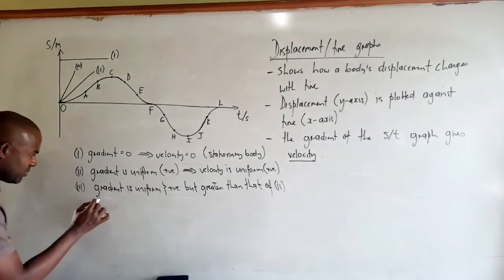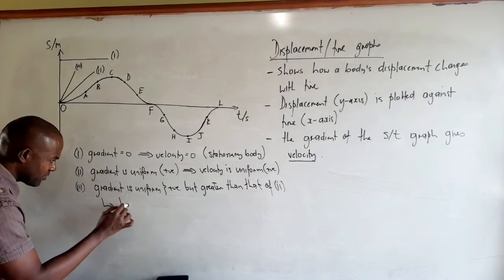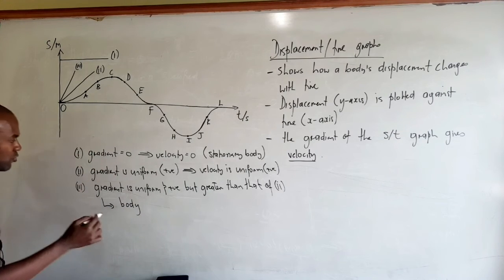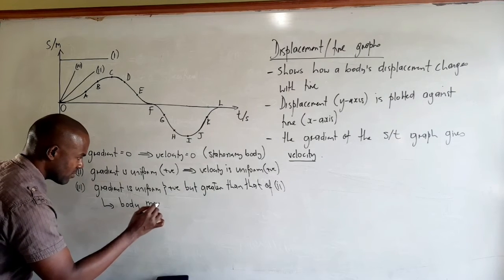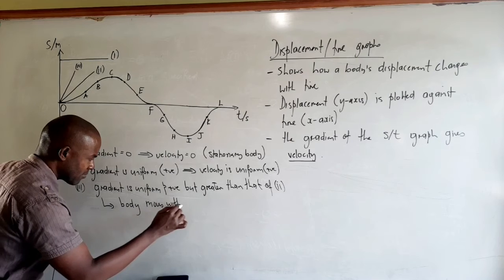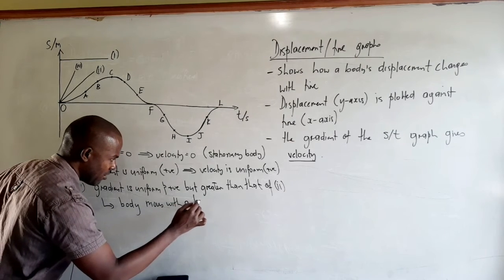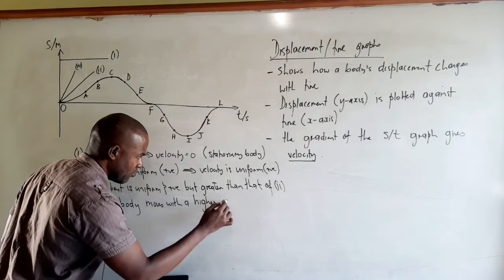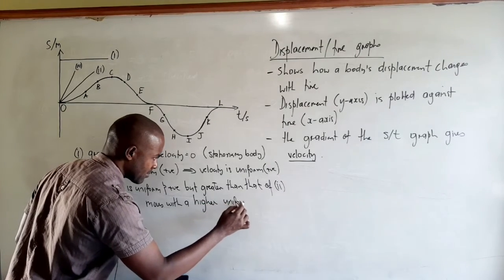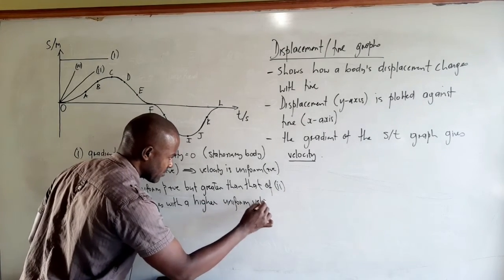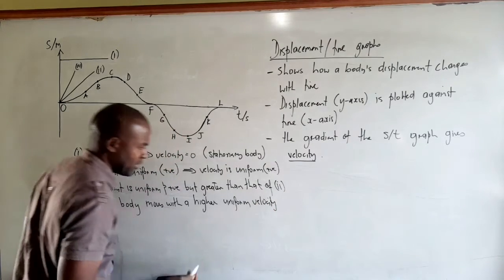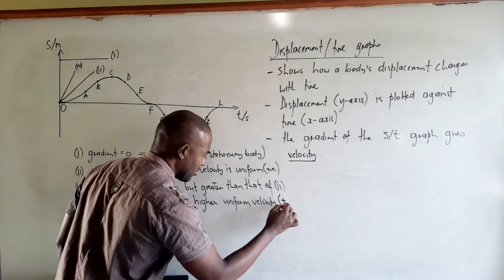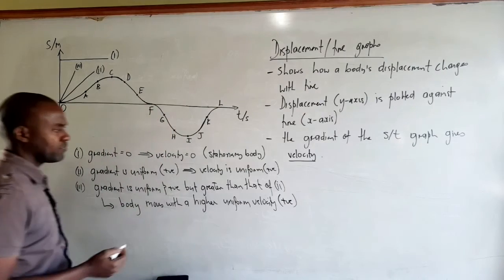And therefore this means that the body whose graph is shown moves with a higher, larger uniform velocity, which is also positive, right?